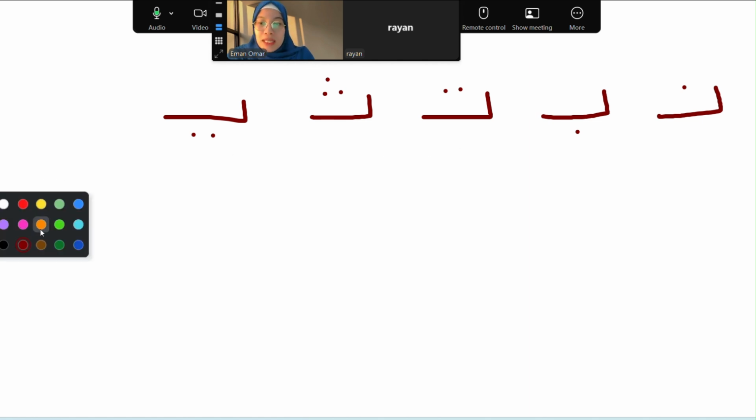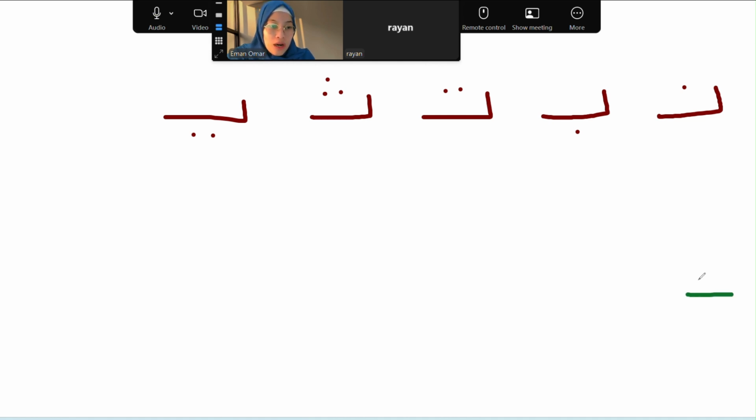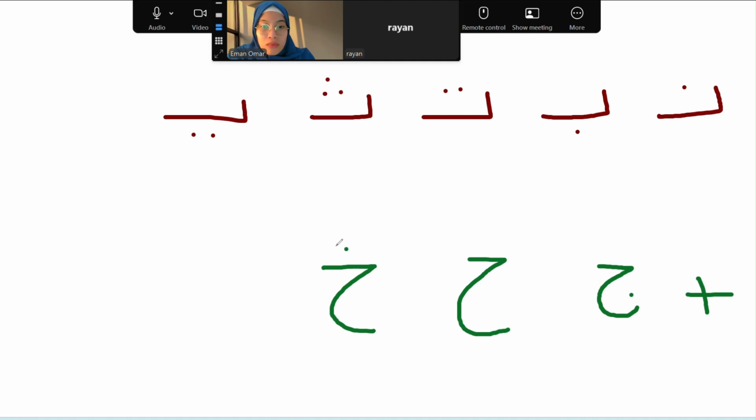But sometimes we can see these letters written in a different way when they come with 3 other letters, which are Jim, Ha, and Kha. So we have 1, 2, 3, 4, 5 sisters and 1, 2, 3 brothers.